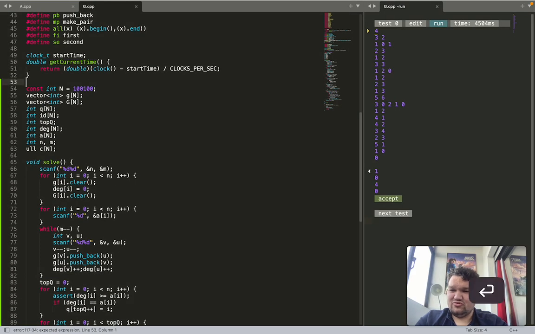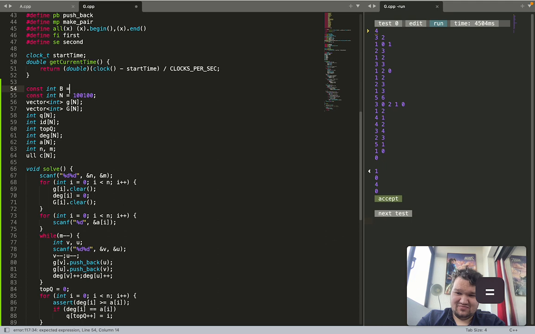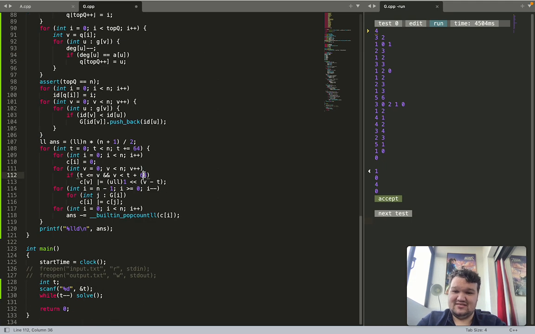Okay, I'm not sure what type built-in popcount takes, so let's make sure that if it casts to signed long, it still should be fine.